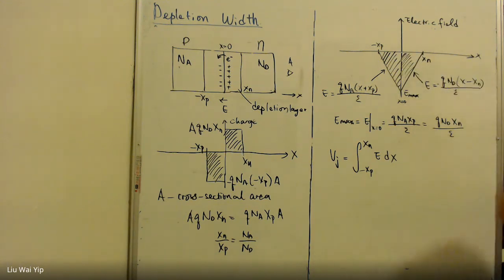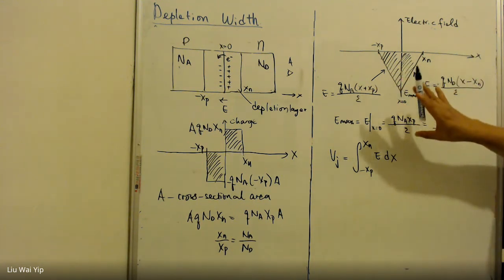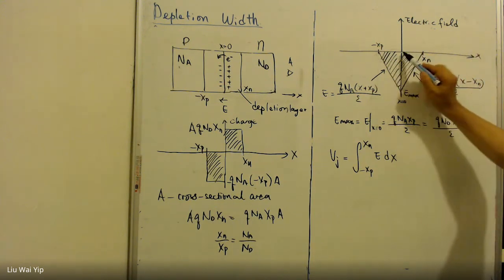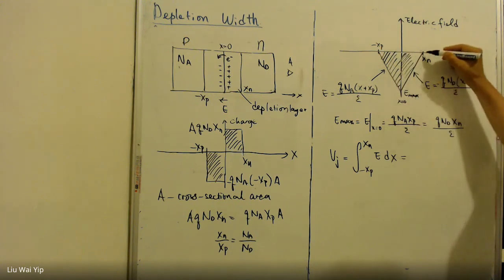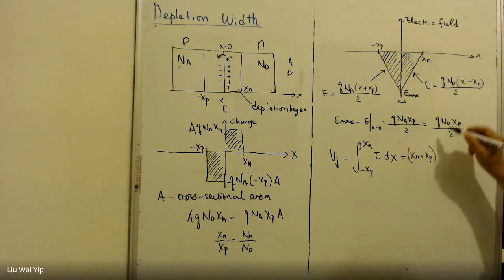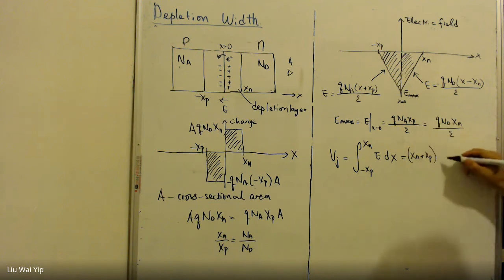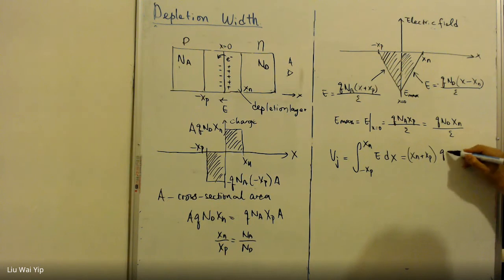According to my high school knowledge of geometry, the area of a triangle is given by the base times the height divided by 2. The base here is xn plus xp. And the height here is Emax, but Emax is given by Q N A xp divided by epsilon.